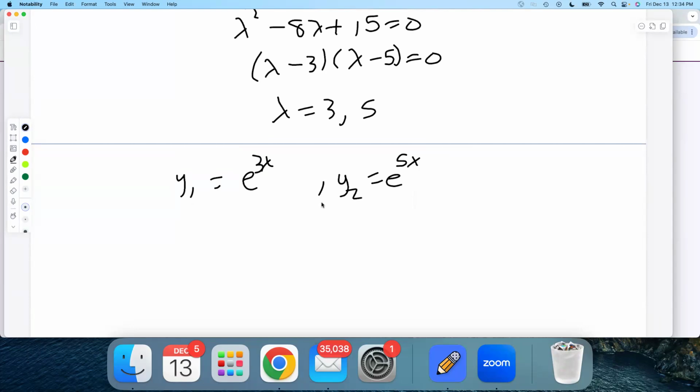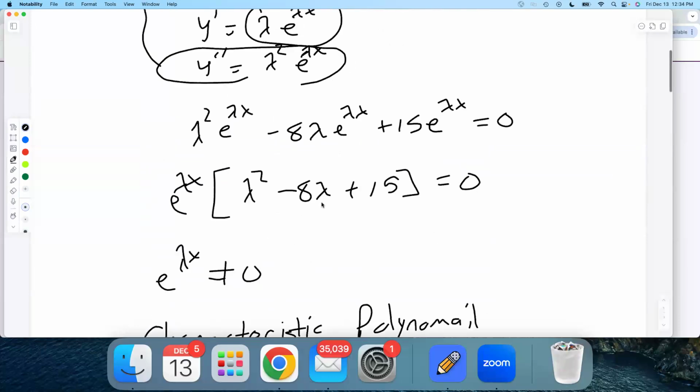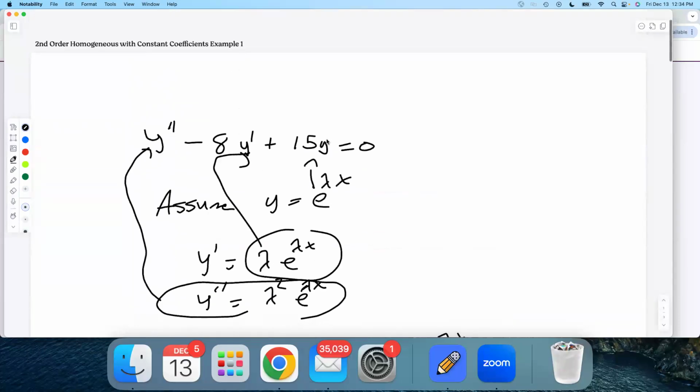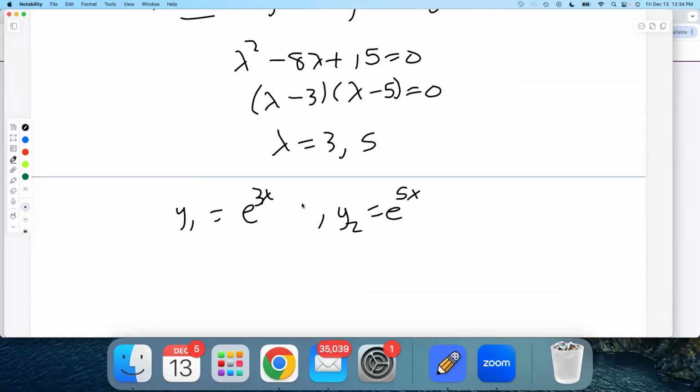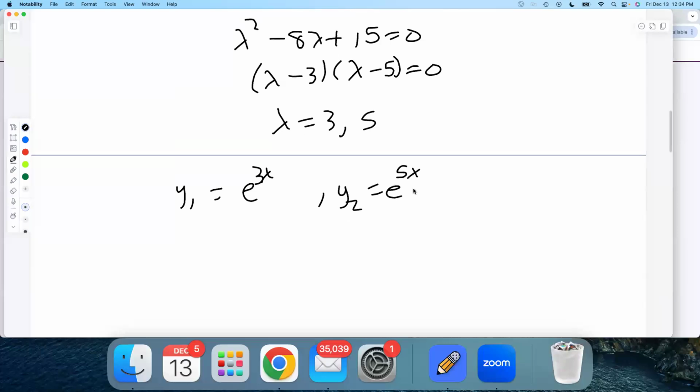Remember from our theory of solutions videos, a second order DE has a general solution that is just the linear combination of two linearly independent solutions. Anytime you get e raised to different powers, these will automatically, you don't have to check, these will be linearly independent.